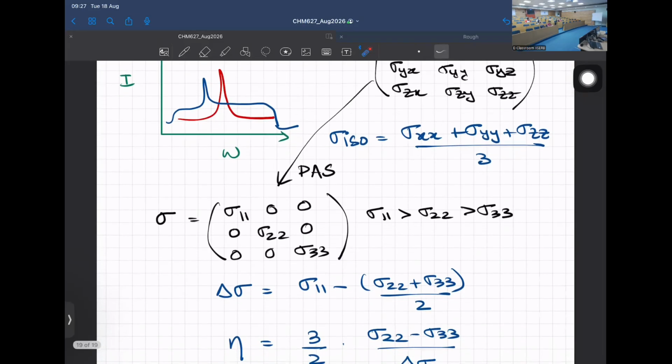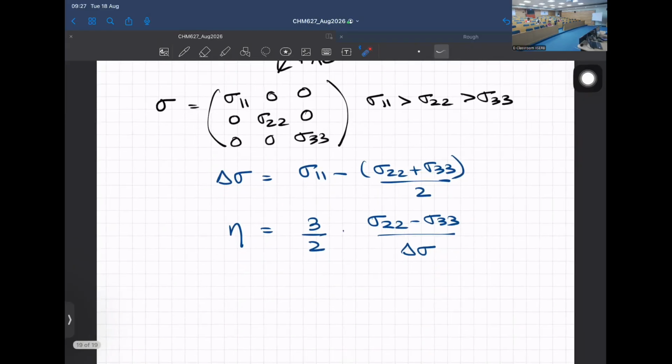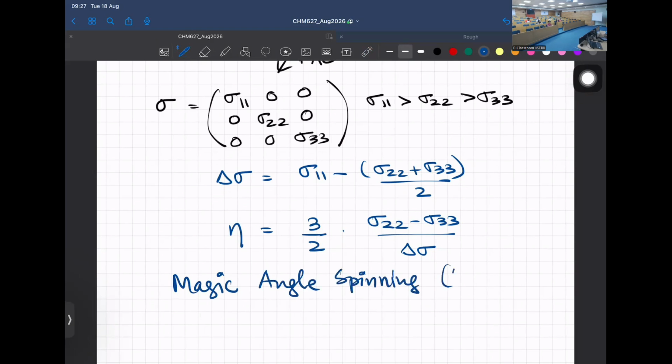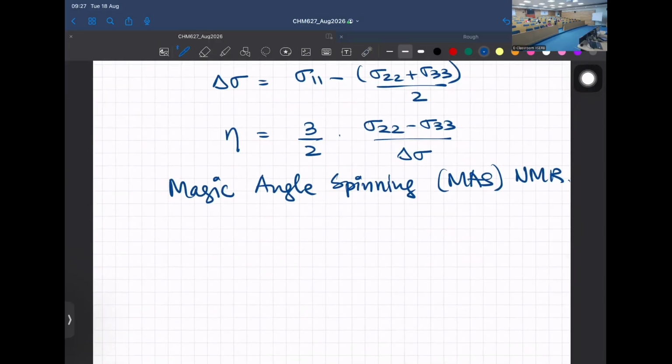This is commonly referred to as magic angle spinning NMR, which you will learn a lot more about when you learn solid state NMR. But this is where we will leave this in this course.